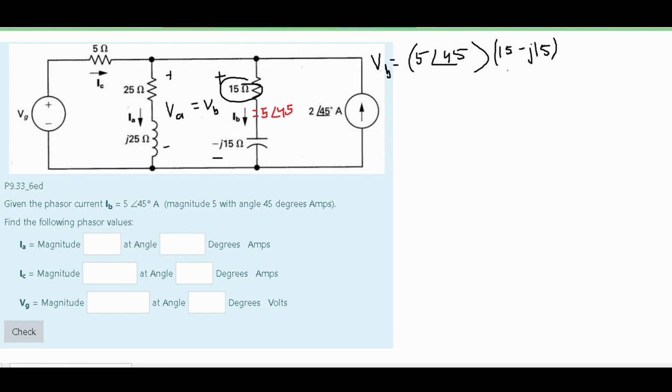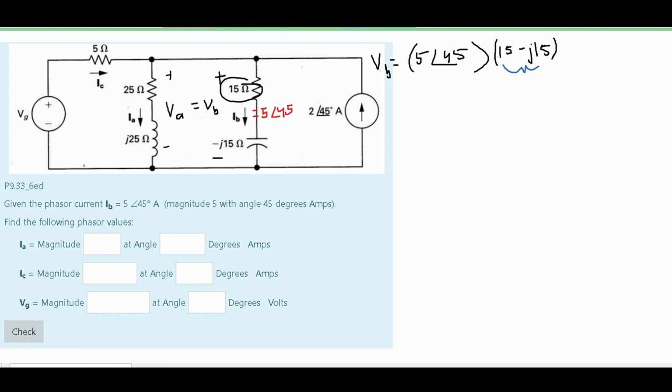So in doing this, we can either convert one of these to phasor form or the other one to rectangular form. We can't multiply them together when they're in two separate forms. So the easiest thing, if they're being multiplied together like this, is, at least in my opinion, to convert our rectangular form to the polar form. That way we can multiply the numbers and then add the angles together.